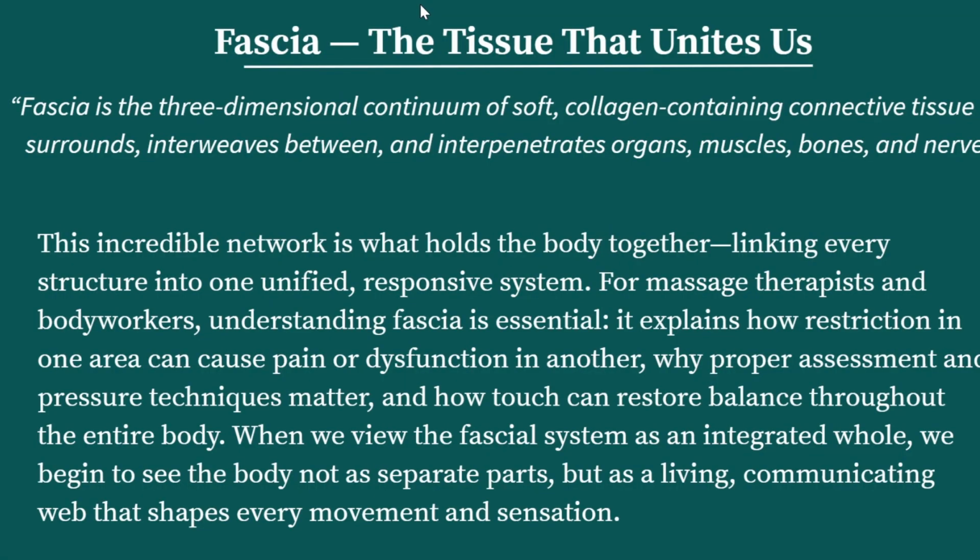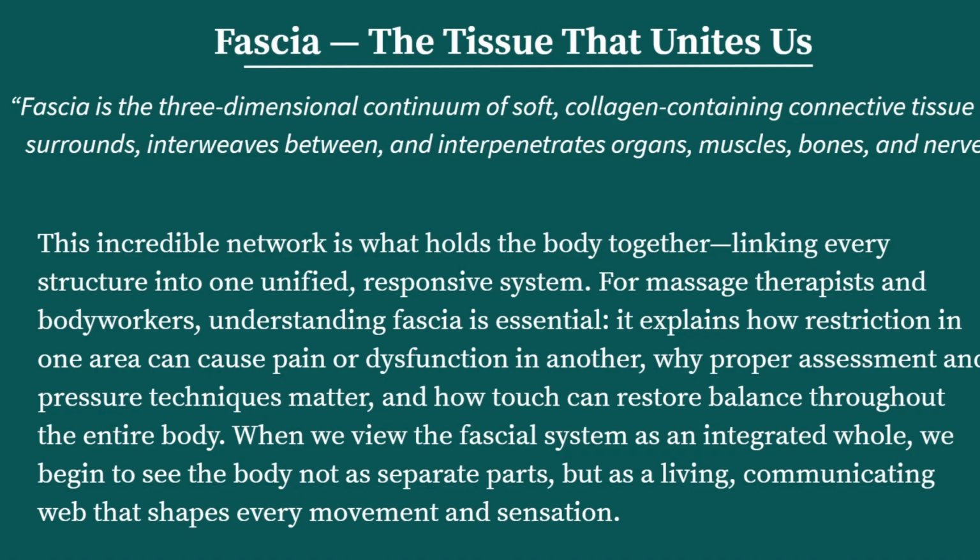Fascia is the tissue that unites us. It's the three-dimensional continuum of soft collagen-containing connective tissue that surrounds, interweaves between, and interpenetrates organs, muscles, bones, and nerves. This incredible network is what holds the body together, linking every structure into one unified, responsive system. For massage therapists and body workers, understanding fascia is essential.